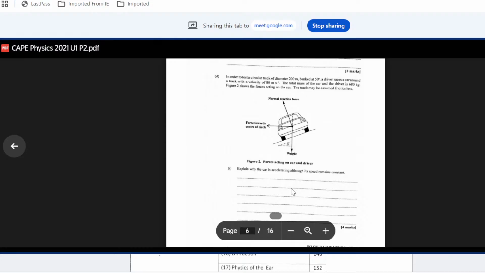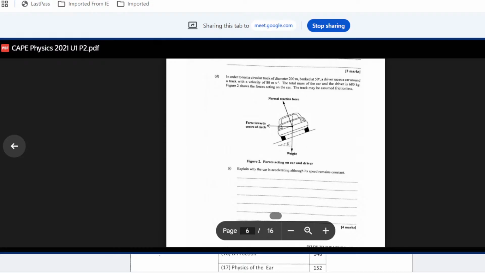So the vehicle changing direction is causing a change in velocity, which will cause an acceleration. That sounds more like a 4 mark answer, I would say. Yeah, that would earn the 4 marks. So the velocity is changing, so it is accelerating.